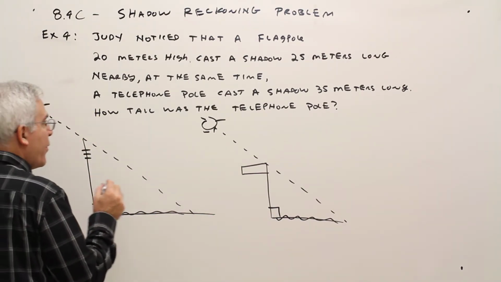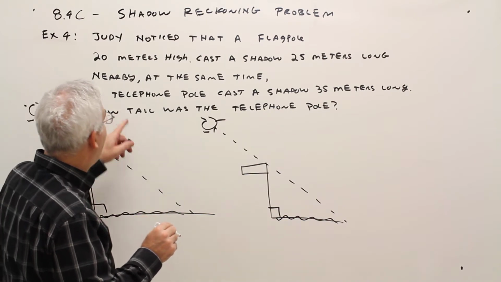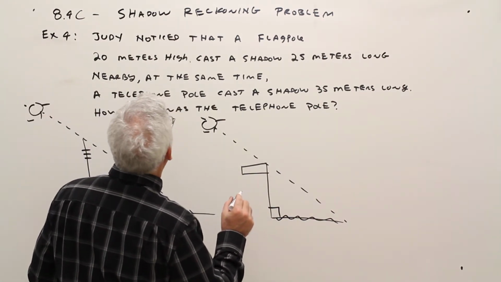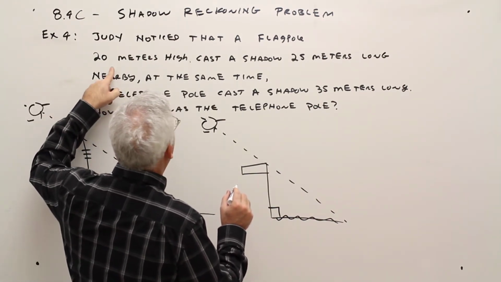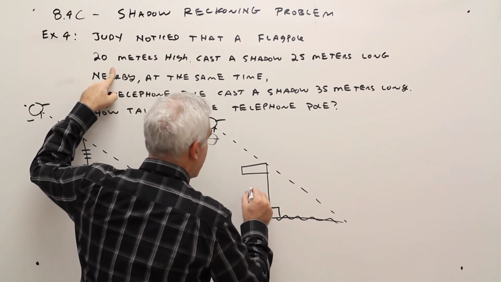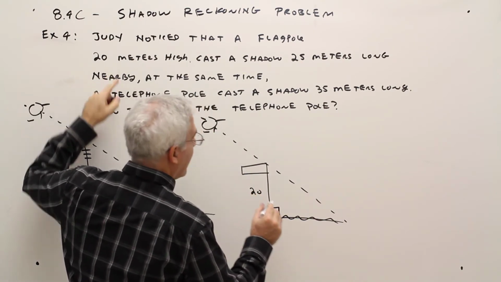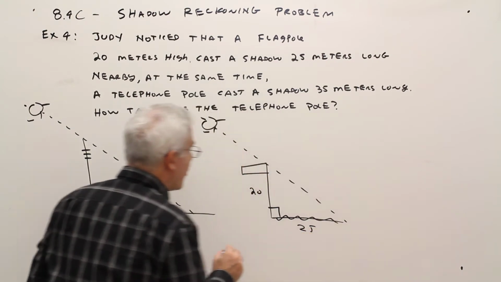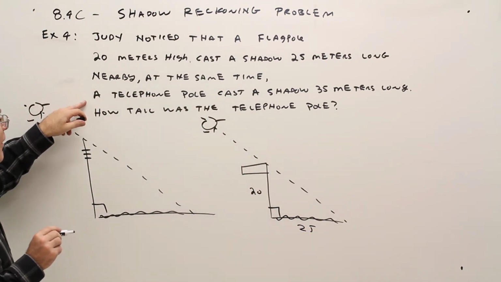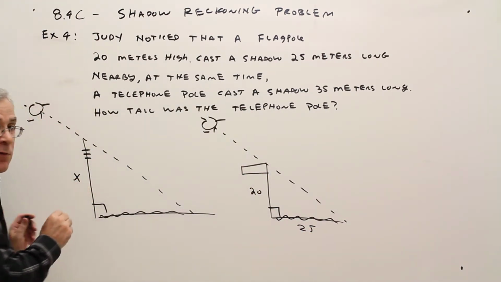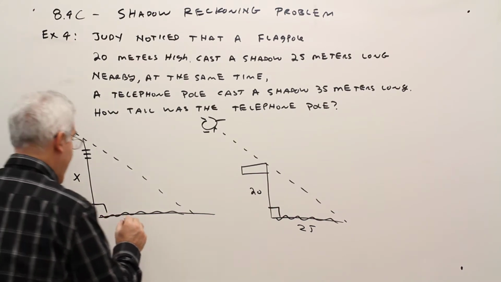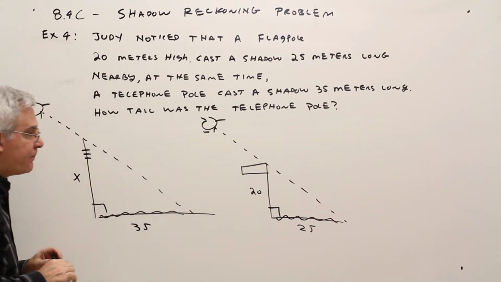Okay, so let's put down what I know. The flagpole was 20 meters high, and 25 meters was the shadow. The telephone pole, we don't know how high it was, we'll call that X. And its shadow was 35.